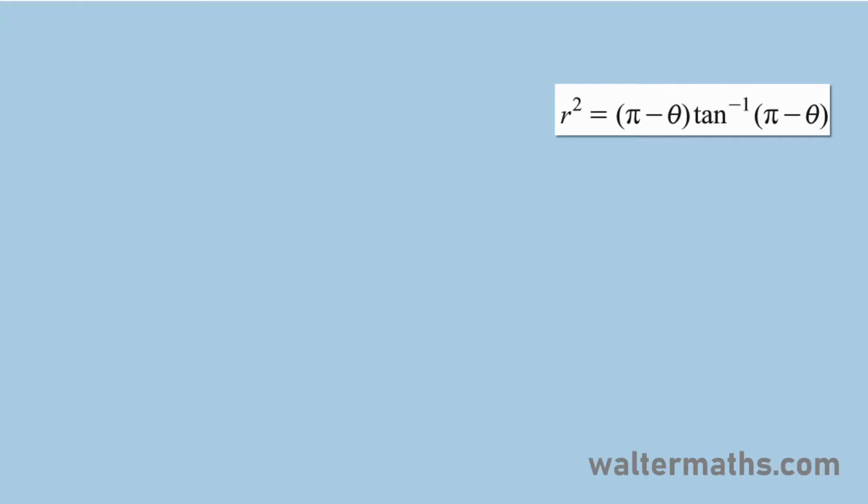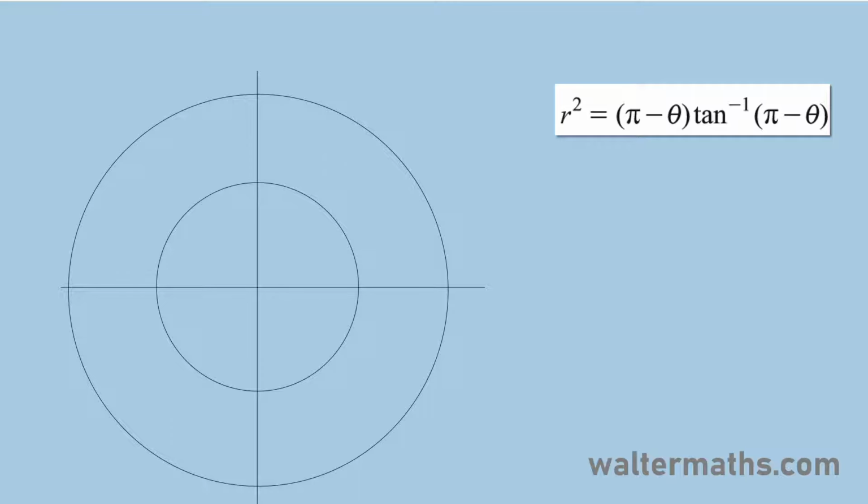Alright, so in this particular case, we're going to consider a polar plane, and the range of values is from 0 to pi. So I'm going to have quarter pi increments so that we have 4 intervals. So we have 0, a quarter pi, half pi, 3/4 pi, up to pi.